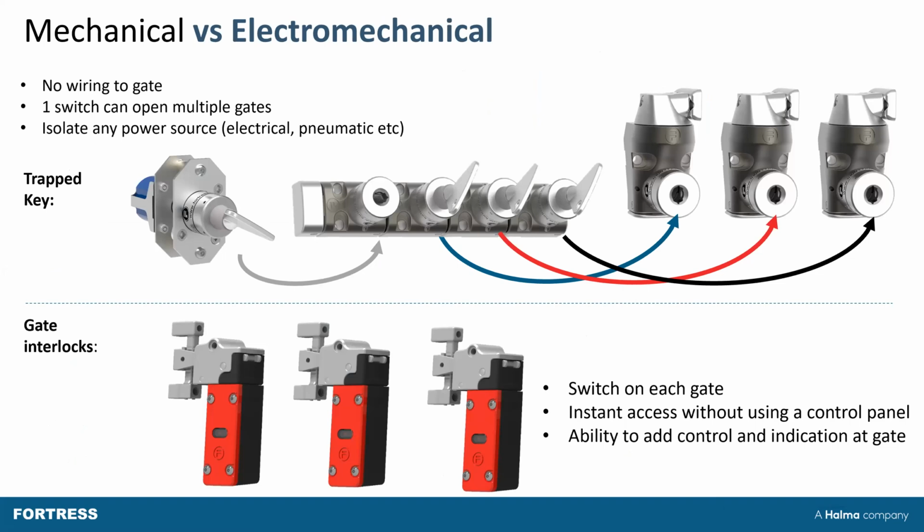Another consideration is how you actually attach some of these devices. You can have a fully mechanical system, so this trap key system here, there's a switch, and then the rest of this, the key exchange and the door locks, are all fully mechanical. This is great if you want to retrofit something, if there are massive distances involved, if there's no electrical supply on the gates, if there's no wiring, and that wiring is going to be an absolute nightmare to put in.